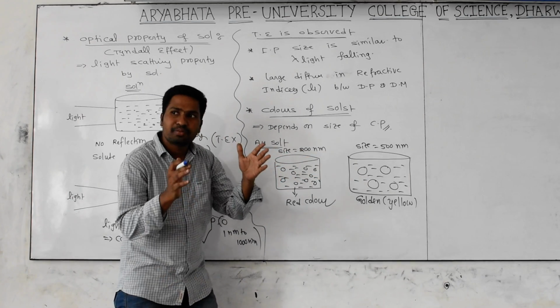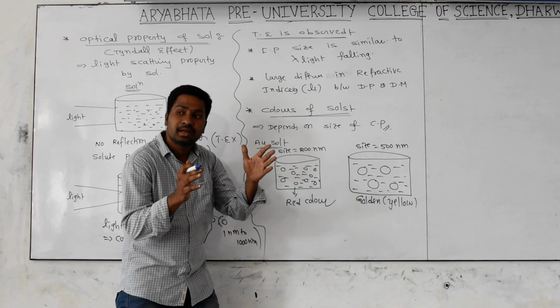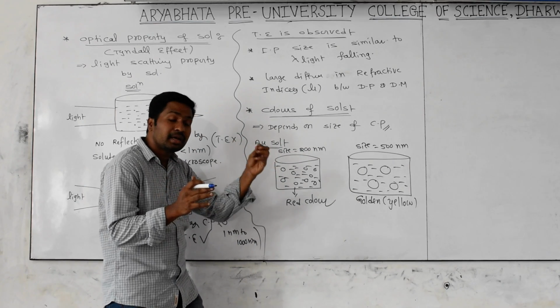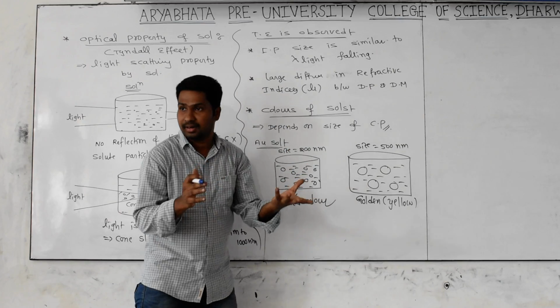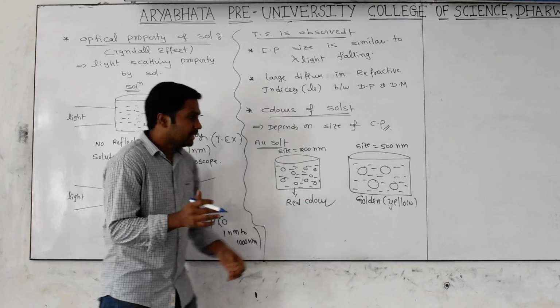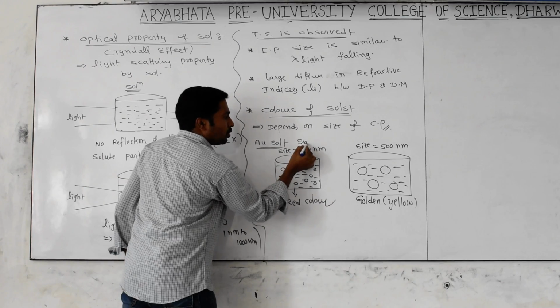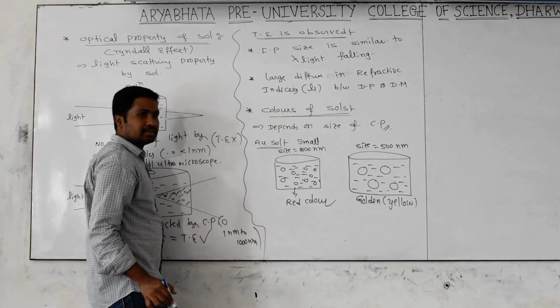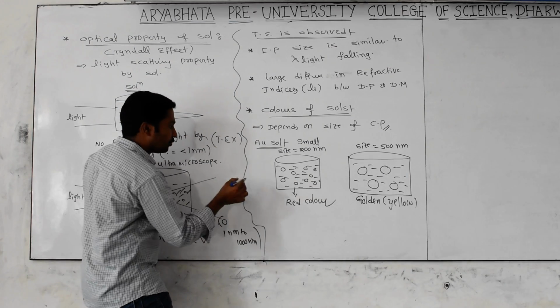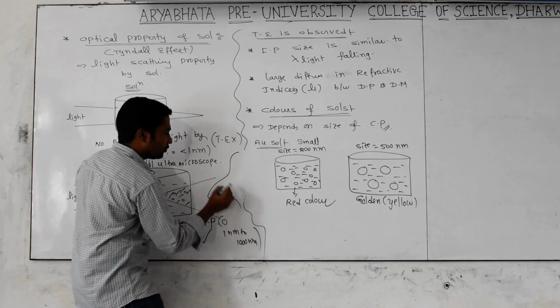So from this, I want to tell one relation between the size of the colloidal particle and the wavelength of the appeared color. Anybody? Yes, you see here 200, 500. These are small size colloidal particles, and we are getting red color. You know VIBGYOR. Yes or no? VIBGYOR.